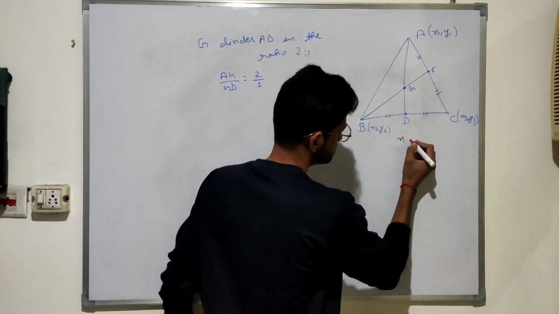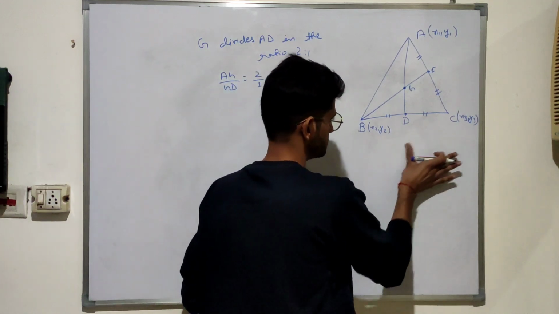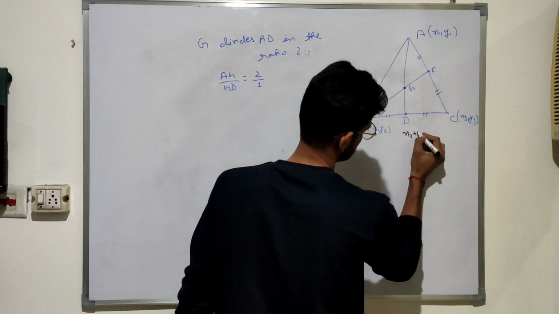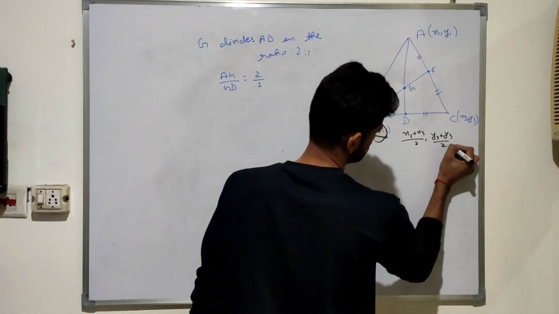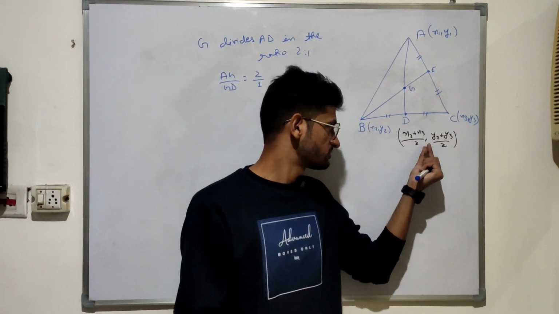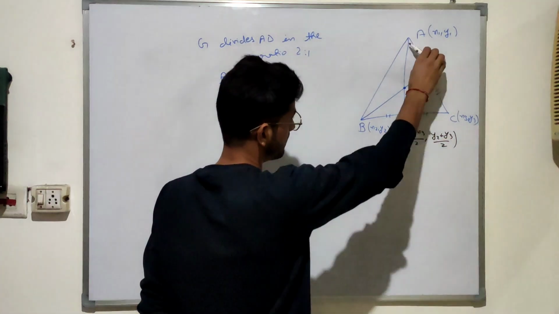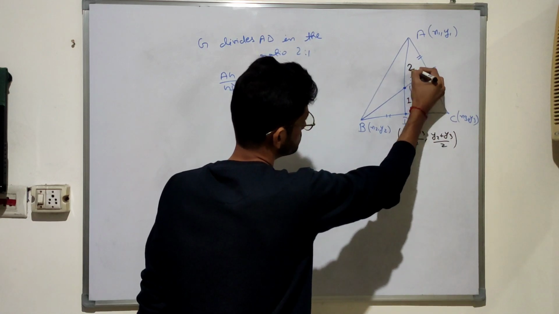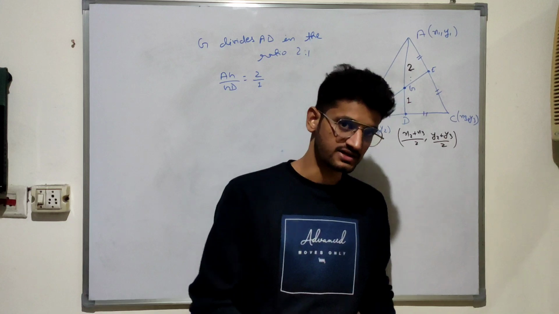So we can write the coordinates of D as x2 plus x3 divided by 2, comma y2 plus y3 divided by 2. Since D is the midpoint, we are aware of the coordinates of point D, and we know that G divides AD in the ratio 2:1. Also, we know the section formula which we discussed in the previous class.